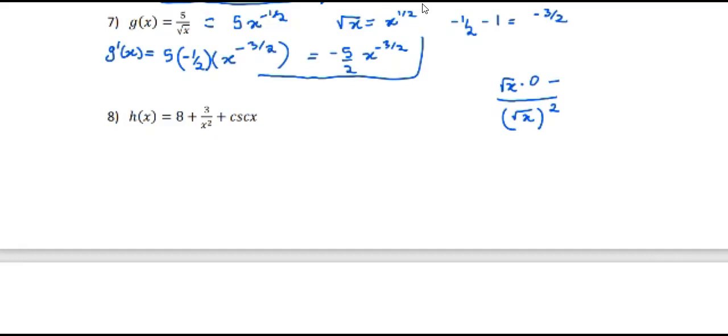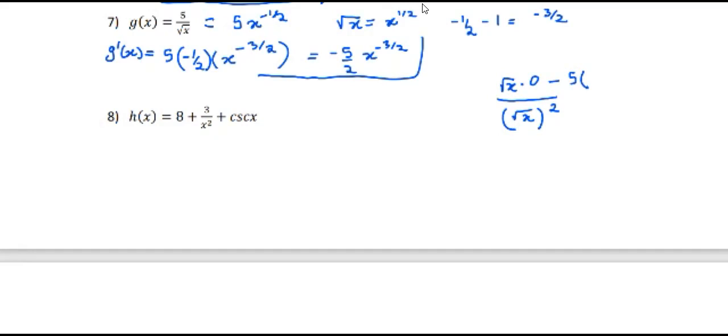And then from that you subtract, well, the square root of x is equal to x to the power half. You subtract 5 times the derivative of this, so times 5 minus the derivative of the square root of x.